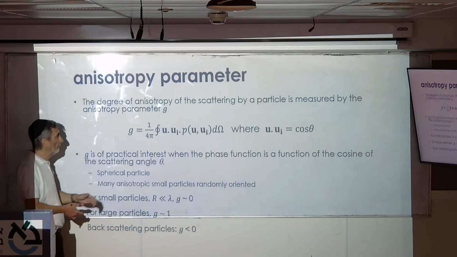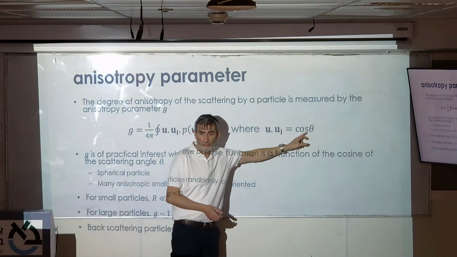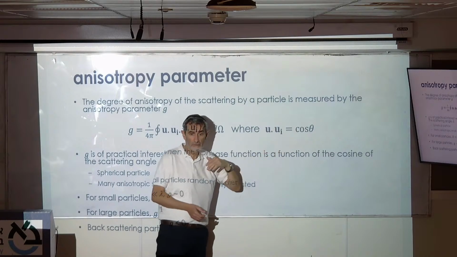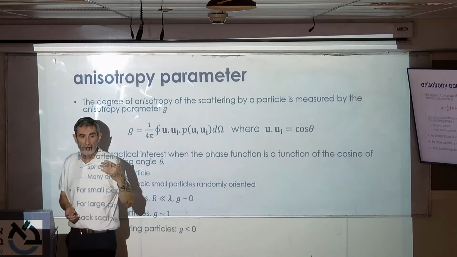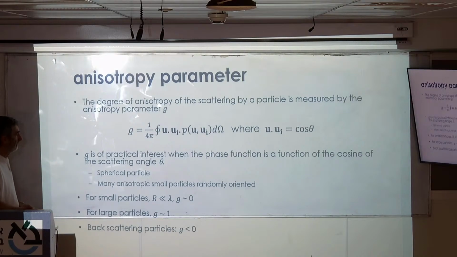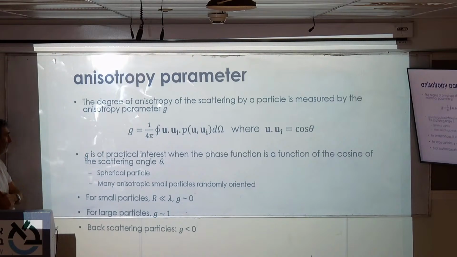G is of practical interest when the phase function is a function of the cosine of the scattering angle theta. That's the case for a spherical particle, or many anisotropic small particles randomly oriented. For small particles, meaning the size of the particle is much smaller than lambda, G is typically 0, which means that the scattering is isotropic.